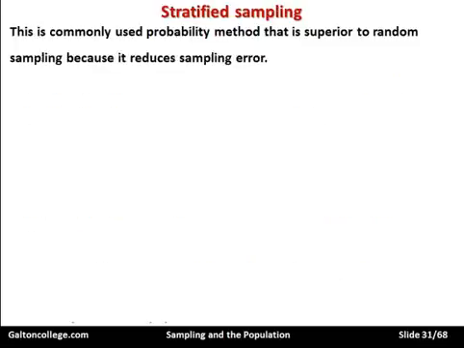Stratified sampling. Well, this is a commonly used probability method, and is said to be superior to random sampling because it reduces sampling error. Again, that statement may be misleading.